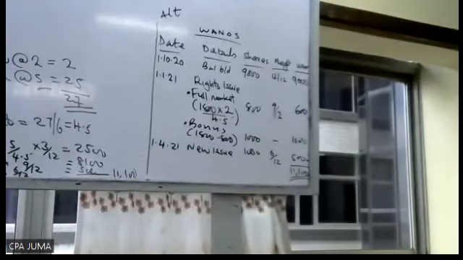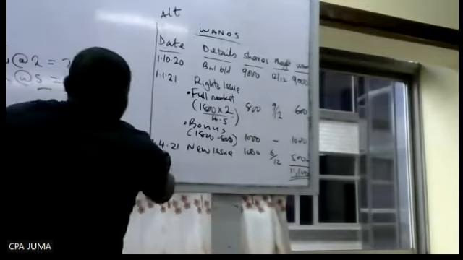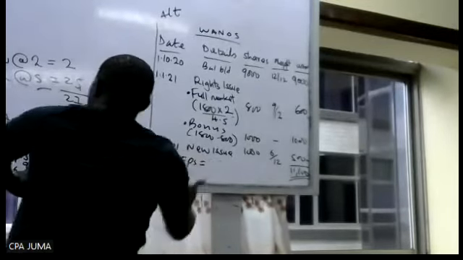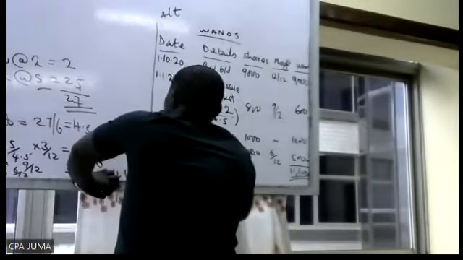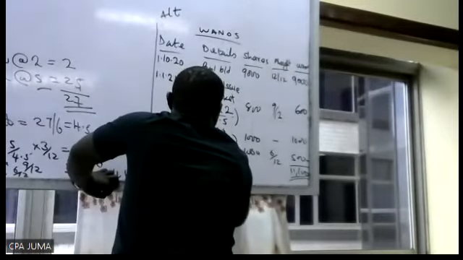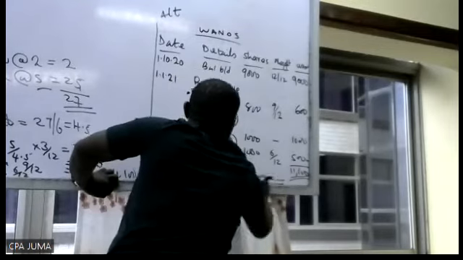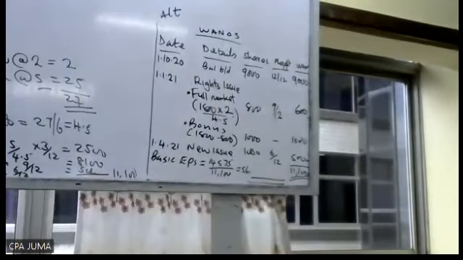So therefore, weka therefore kubwa. Therefore, basic EPS, profit was 14,575 divided by 11,100. Shillings what per share? Shillings, how much per share?